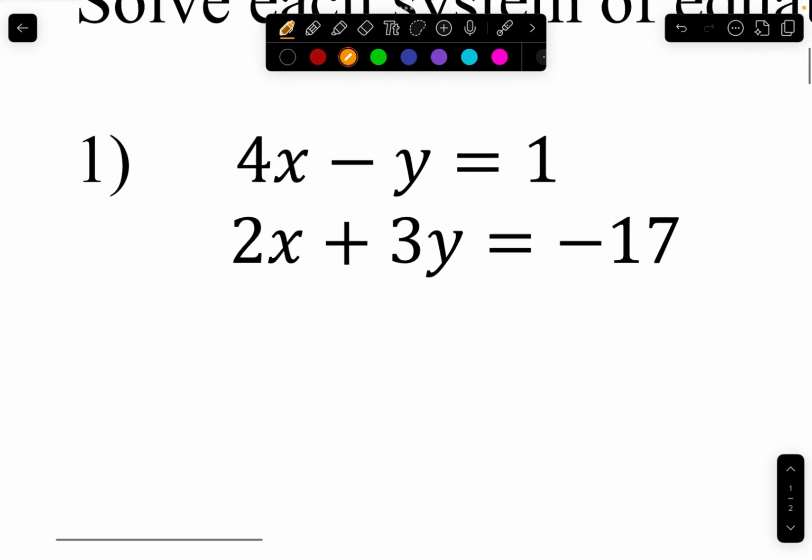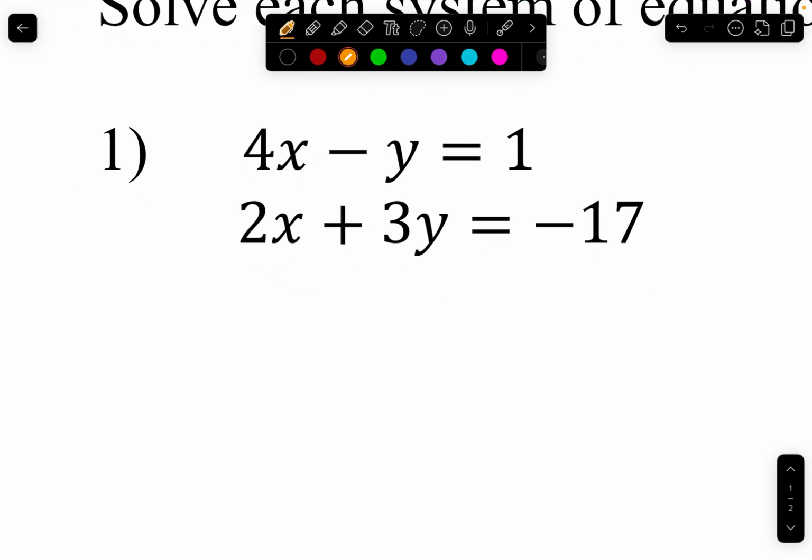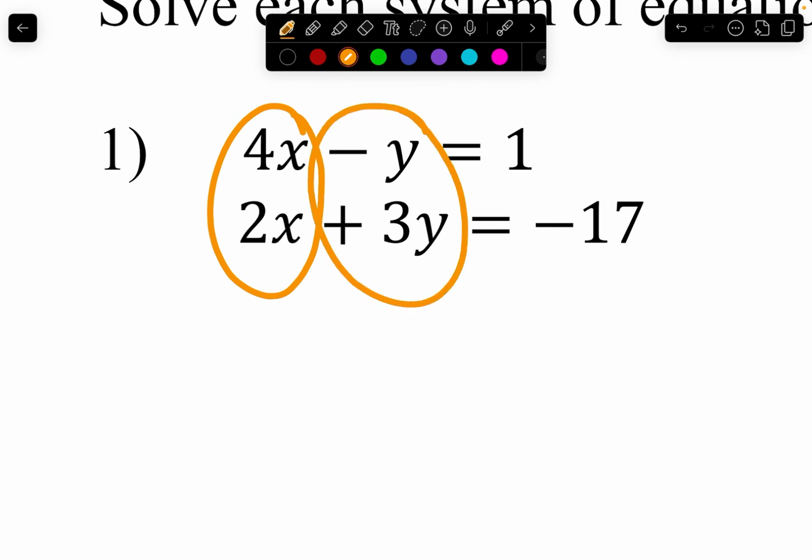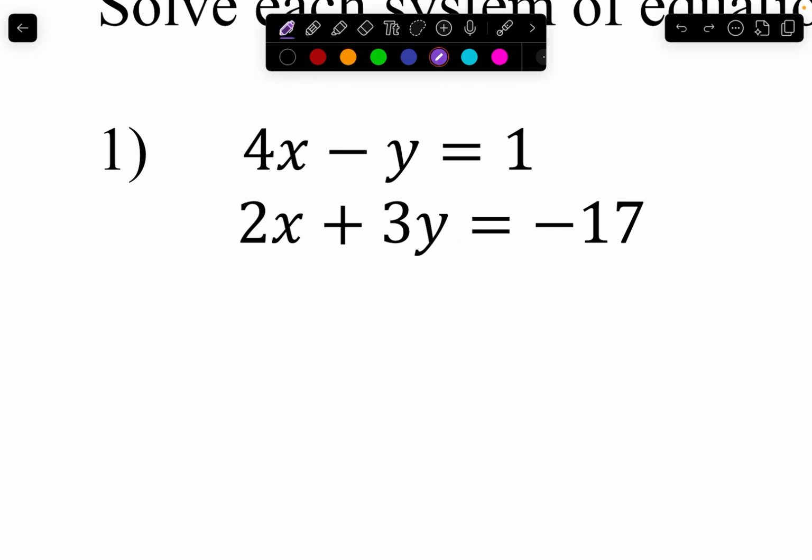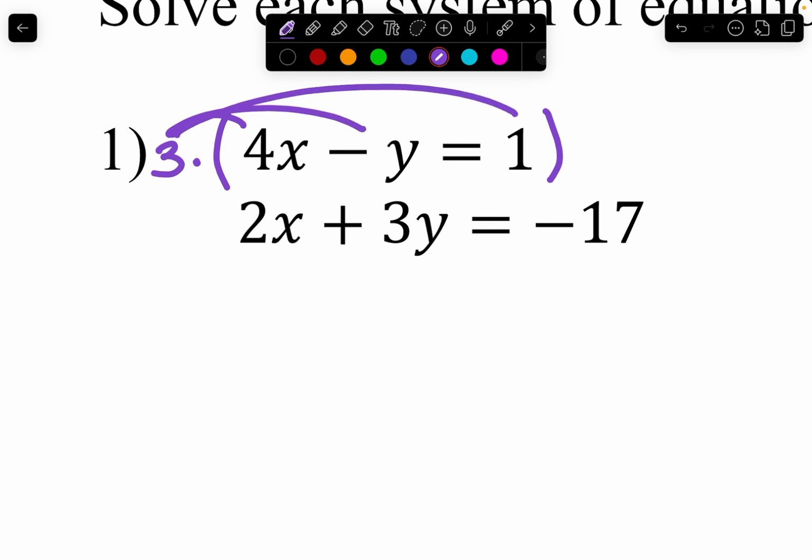When you look at this first system here, I cannot eliminate my x's or my y's because they just don't eliminate with what we have there. So what I can do is I can actually multiply my first equation by 3. And what that's going to do for me is it's going to allow me to end up with a negative 3y to cancel with the positive 3y that I have in my second equation.